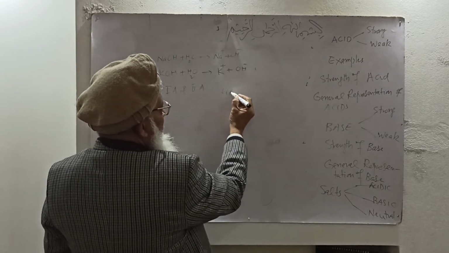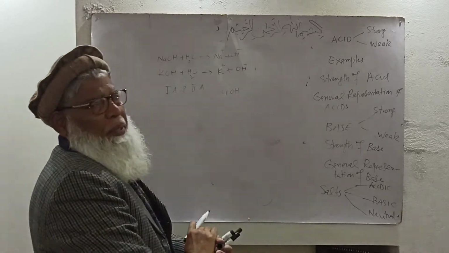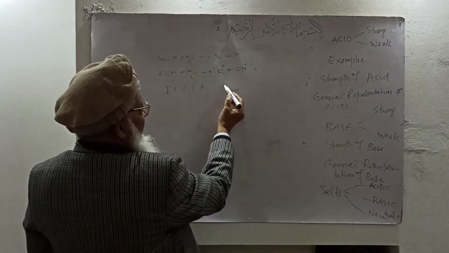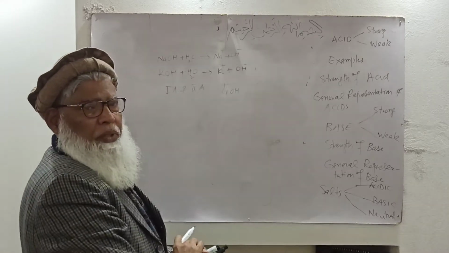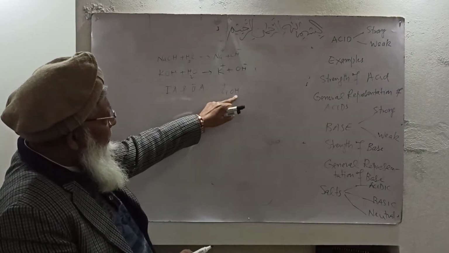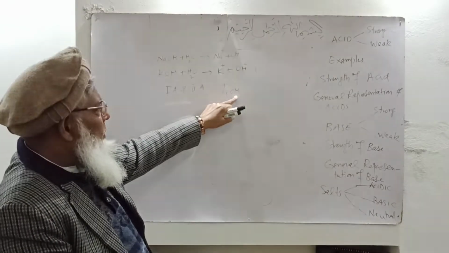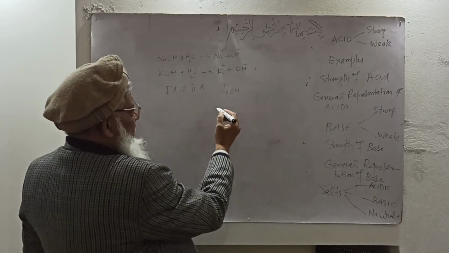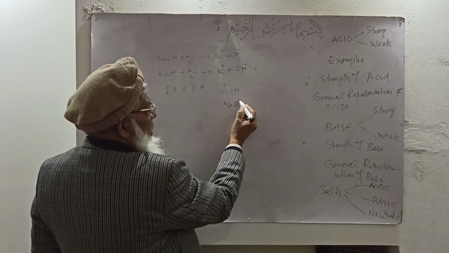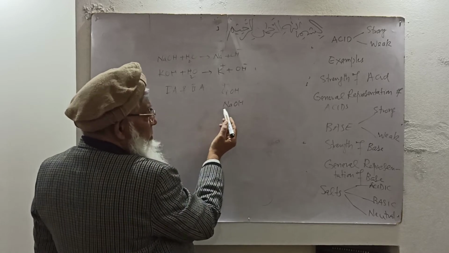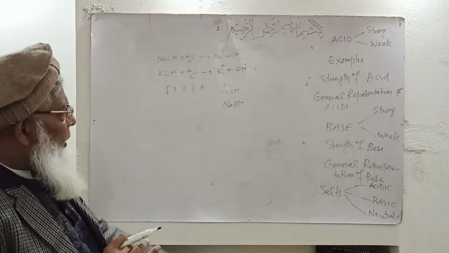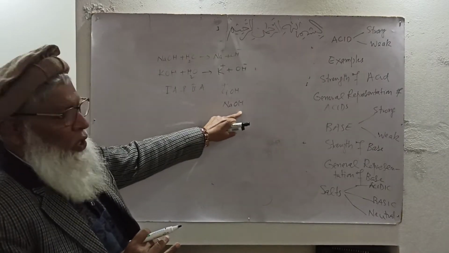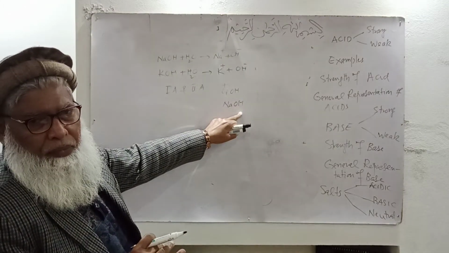Lithium hydroxide is a weak base because lithium ion has greater charge density. It does not give OH ion very easily. As compared to lithium hydroxide, sodium hydroxide is a stronger base because sodium ion has low charge density. This releases OH ion speedily.